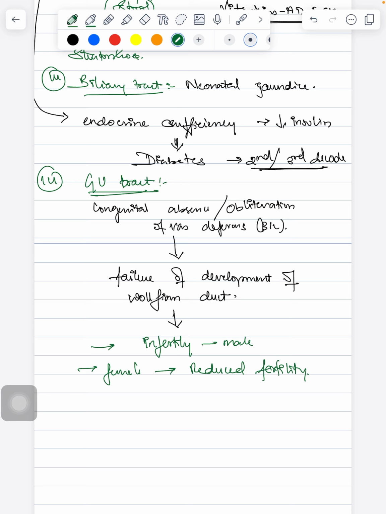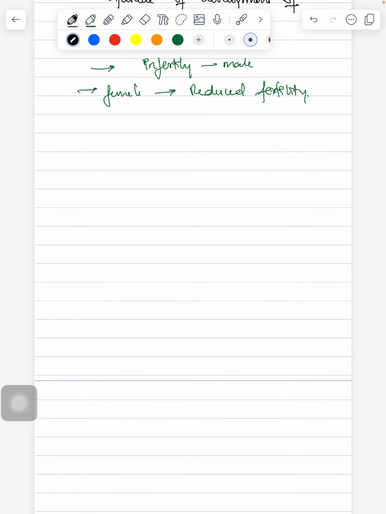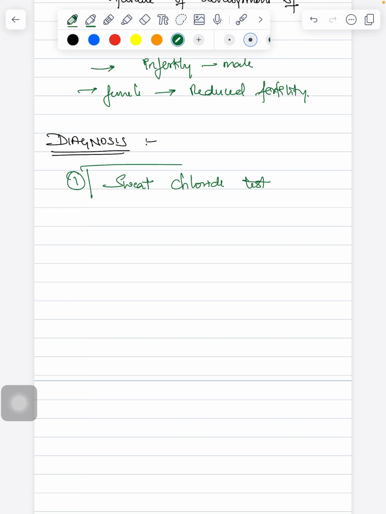And how are we going to diagnose a child with cystic fibrosis? First is your sweat chloride test. Okay, it is the most specific and sensitive test for diagnosing cystic fibrosis.